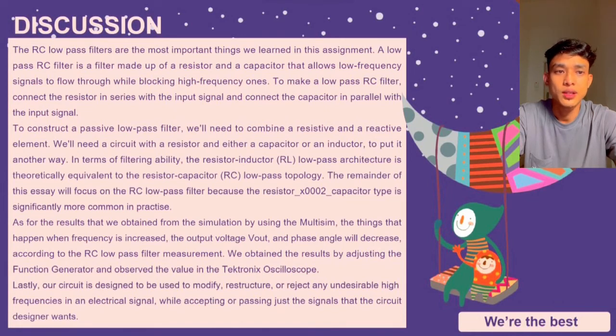We obtain the results by adjusting the function generator and observing the value in the Tektronix oscilloscope. Lastly, our circuit is designed to modify, restructure or reject any undesirable high frequencies in an electrical signal, while accepting or passing just the signals that the circuit designer wants.